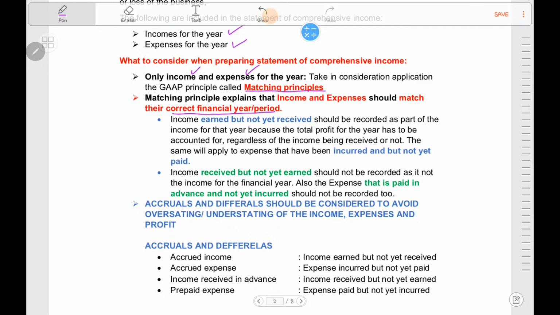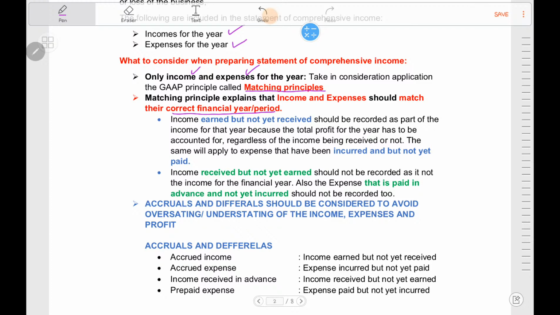However, we know that there are going to be certain incomes that are earned but not received, and also certain expenses that are incurred but not yet paid. Now, those ones will form part of the statement of comprehensive income. As long as they belong to that financial year, they are going to serve as the income and expenses for that particular period.